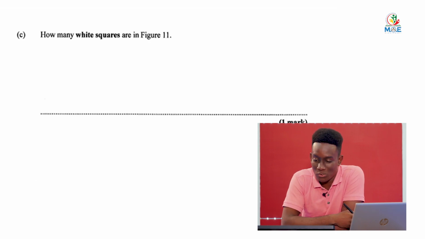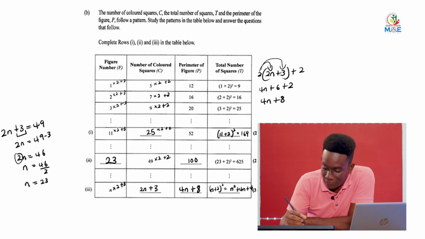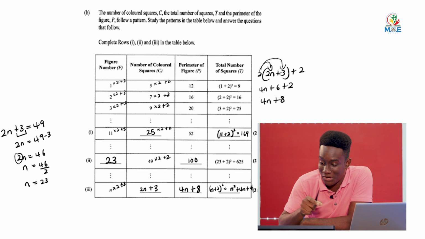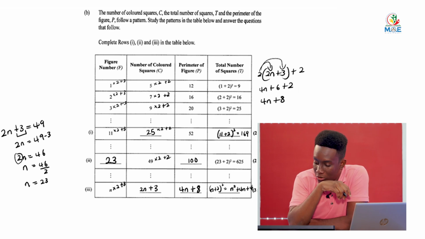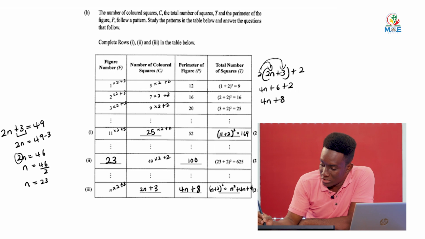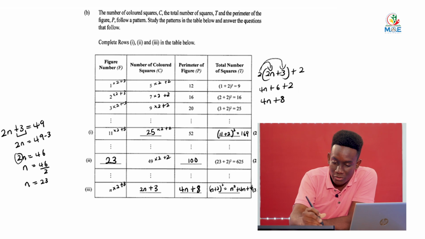So how many white squares are in figure 11? So let's look at figure 11. We want the number of white squares. Of course, the number of white squares would be the number of squares that remain after we take out the number of colored squares. So for figure 11, we have 169 squares in total. When you have the box, you have 169 squares when you work it out.